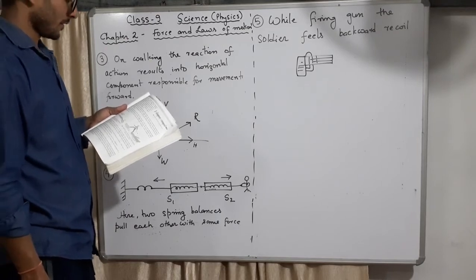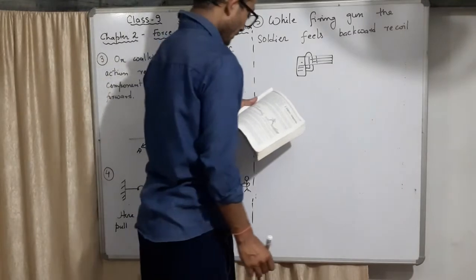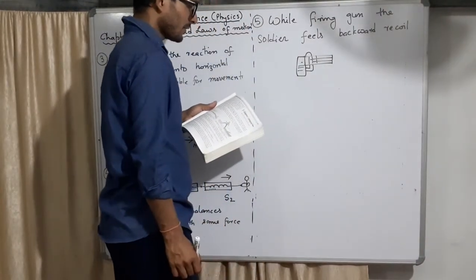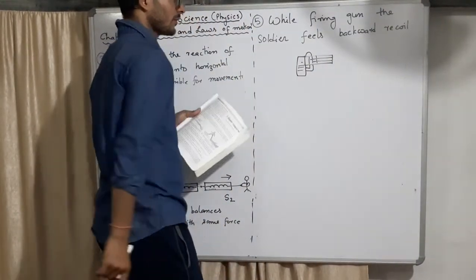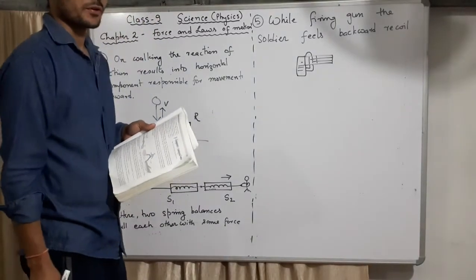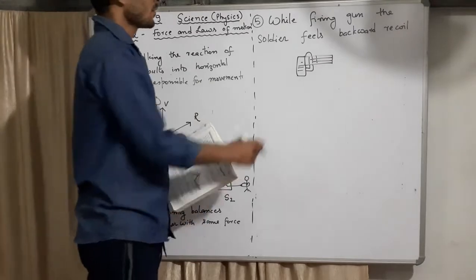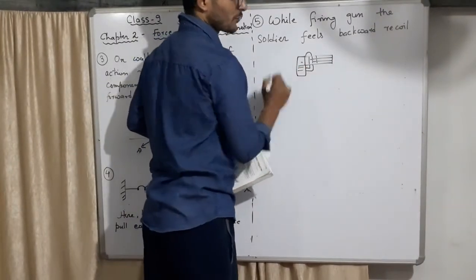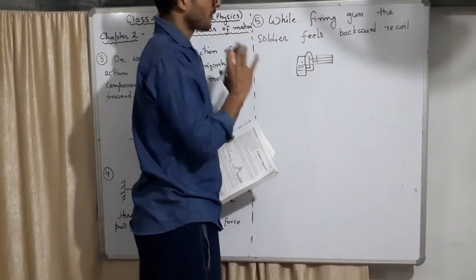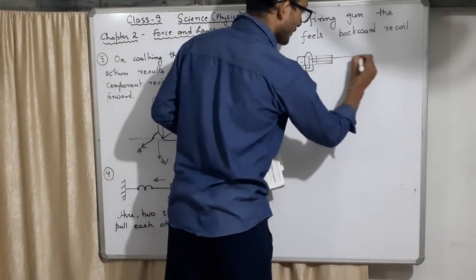Whenever you fire a bullet gun, big gun or small gun, it doesn't matter, some chemical reaction happens inside, something burns, and the bullet is fired from here.